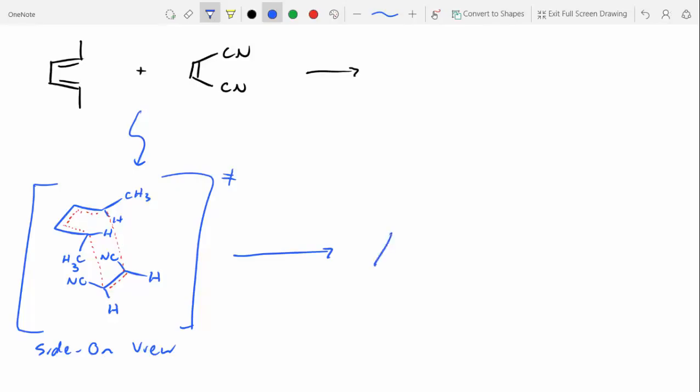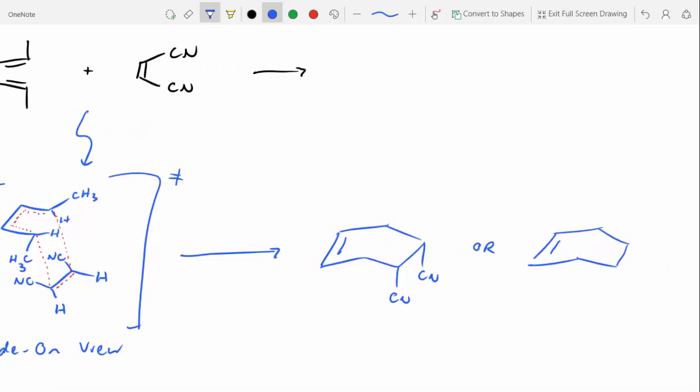I'm going to draw two different ones. So we've got these nitriles here and here.